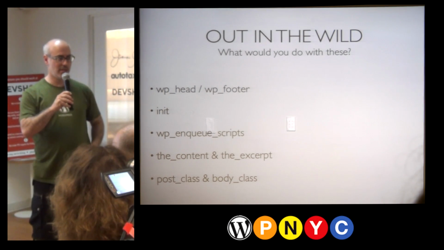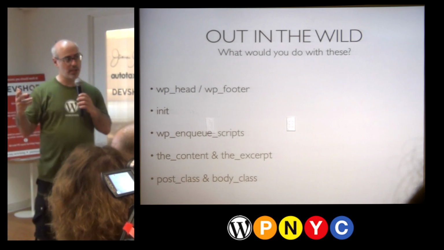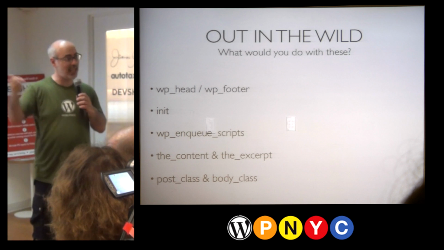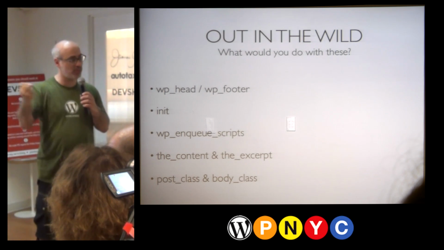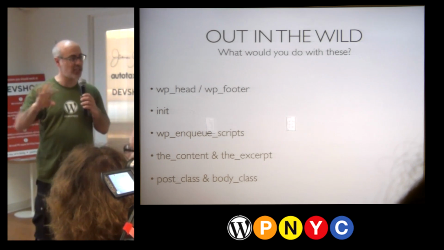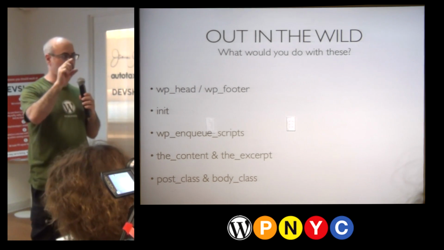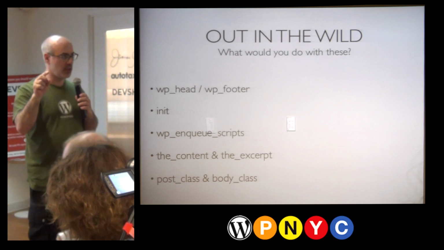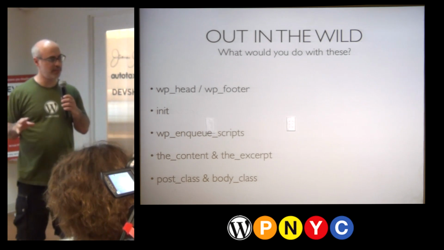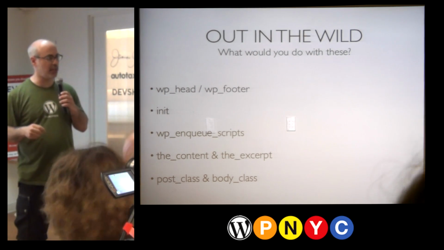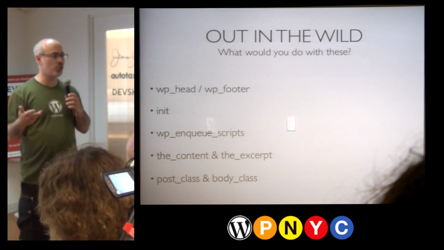Does that make sense? Okay, filtering, because you had that question before, so I was going to explain. Filtering is actually taking content, taking something from the WordPress database, taking something and changing it. You're filtering it out. So even that content that you write in the content box, you can have your theme change that. It pulls it, filters it, and puts something else out there. That's how, as Jack mentioned, a lot of the social plugins work.